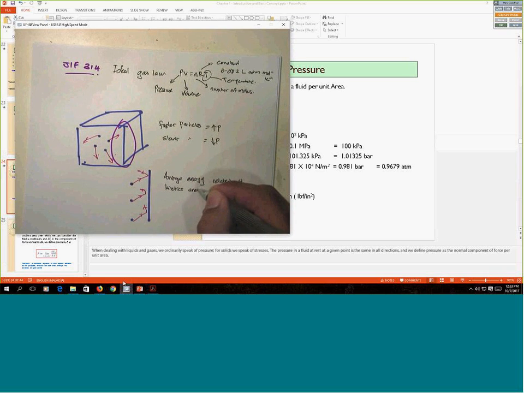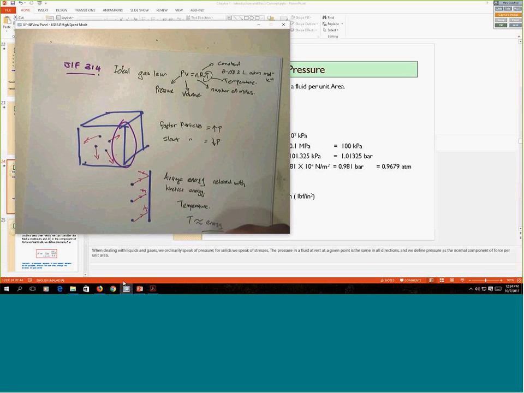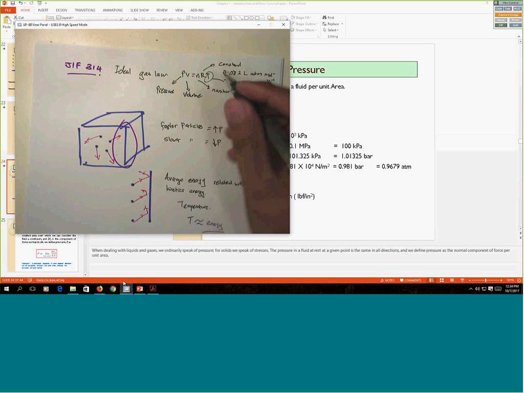So you have T equivalent to energy over particles, because it relates with the number of moles.